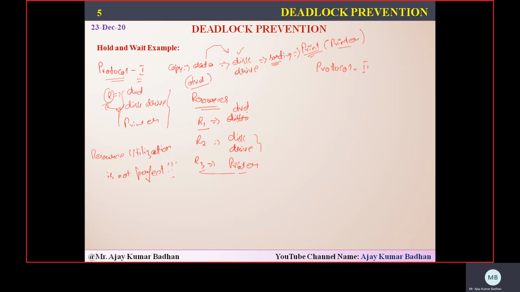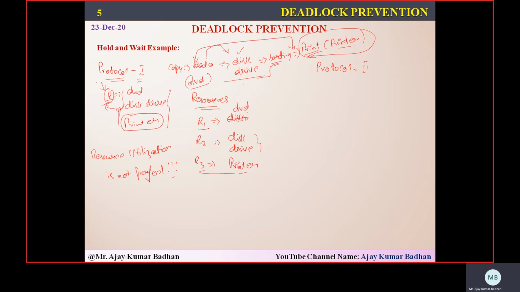Can anyone tell me why? If you look at this particular scenario P1, does this process have any work with the printer until the end? Until this whole process is completed, it will not have any work with the printer, because it has to copy data from the DVD into a disk drive, then apply the algorithm and sort it, and only then it requires the printer.